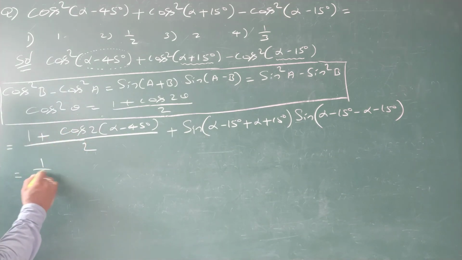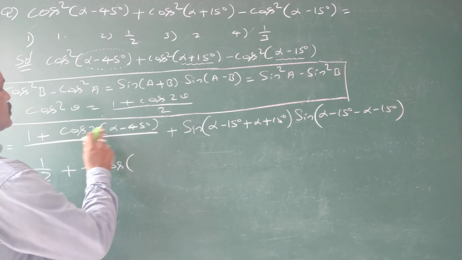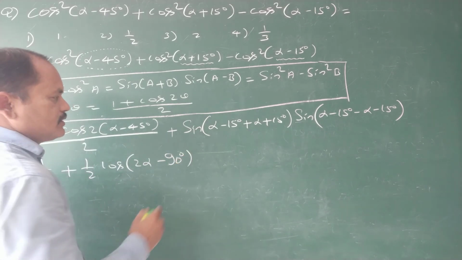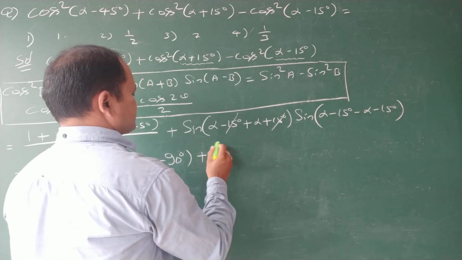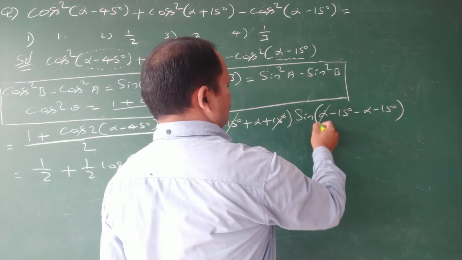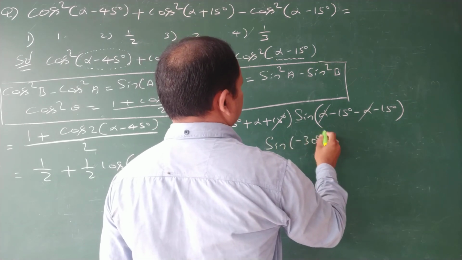Now this can be split into two terms. Here it is 1 by 2 plus 1 by 2 cos, 2 multiplied with here, 2 alpha minus 90 degrees, plus here 15 degrees gets cancelled, then it is sine 2 alpha. Here alpha gets cancelled, it is sine minus 30 degrees.